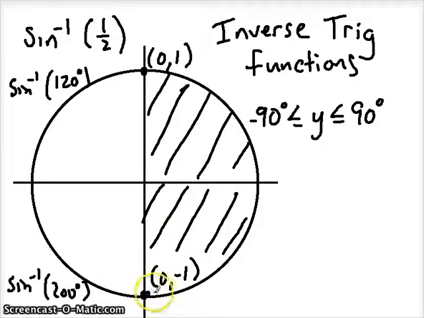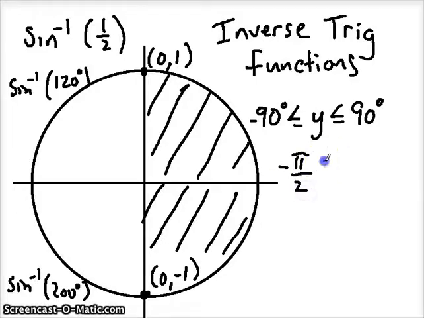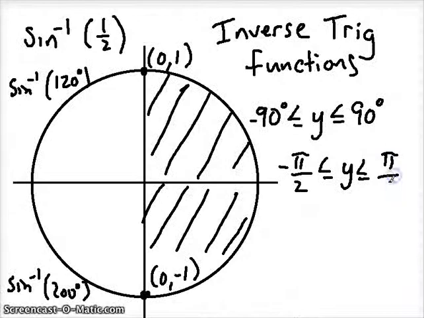So everything from down here at -90 all the way up to positive 90, we could write the same thing in terms of radians. It's the exact same statement. This has to be in between -π/2 and positive π/2. So those are the only possible options for inverse sine.